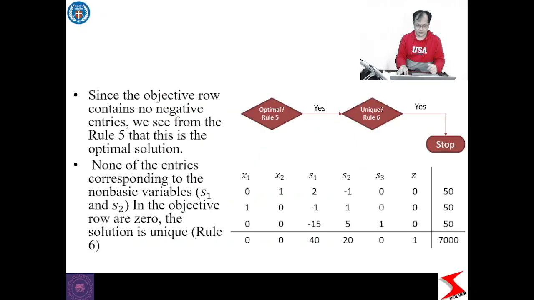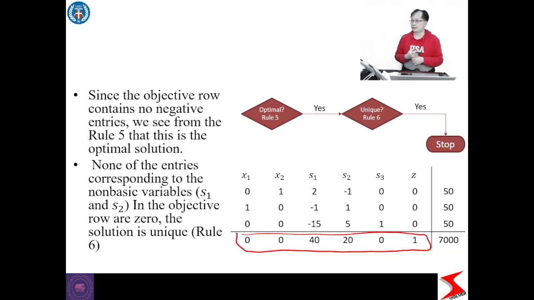Finally, we need to determine if this one is optimal or not. We can find that all of the values in the last row are positive, which means according to rule 5, it reached the optimum. Then we need to judge if it's unique or not.